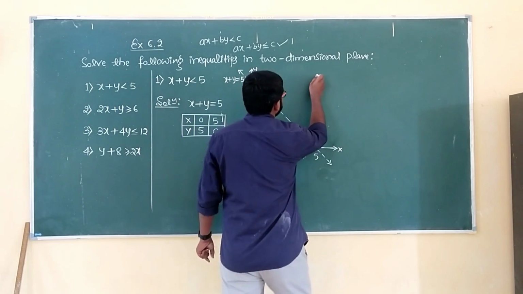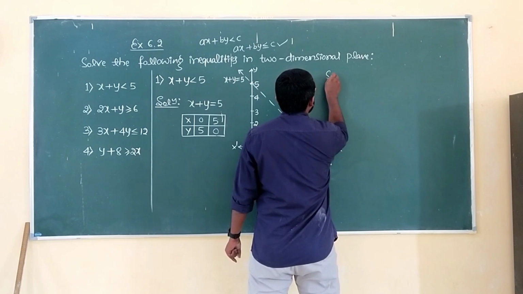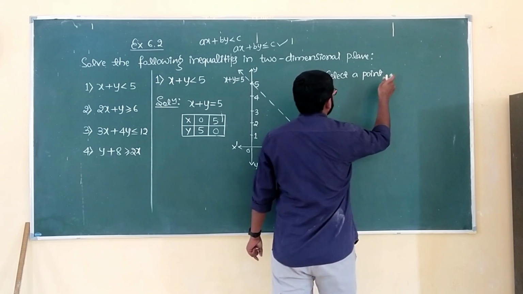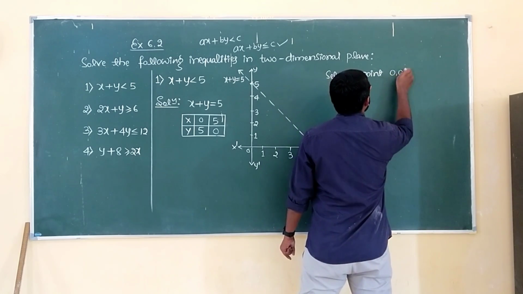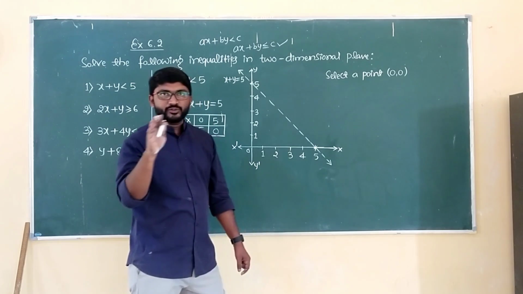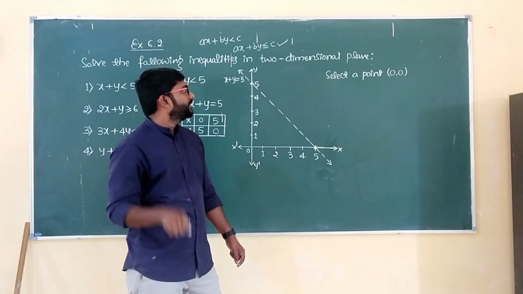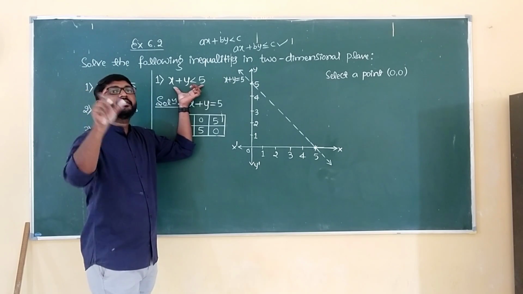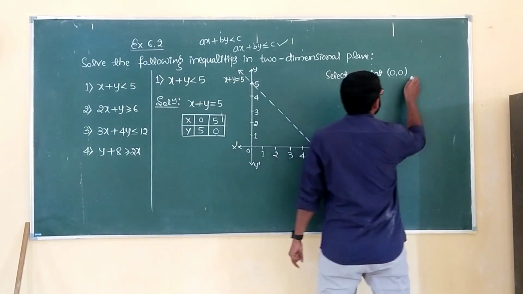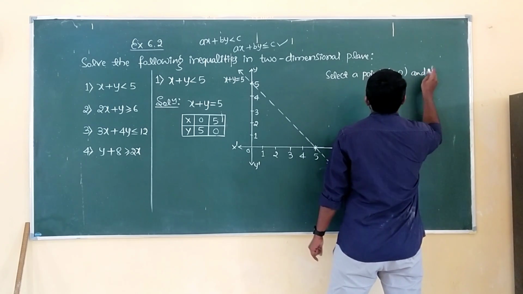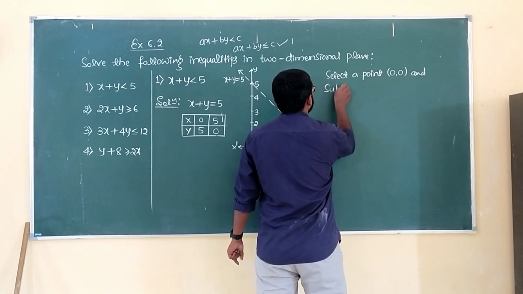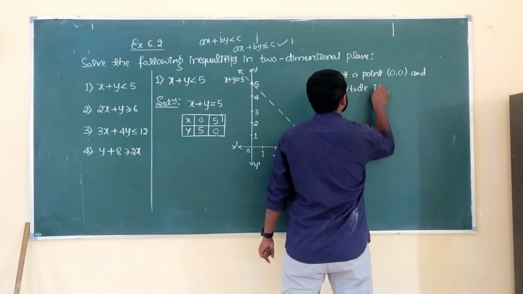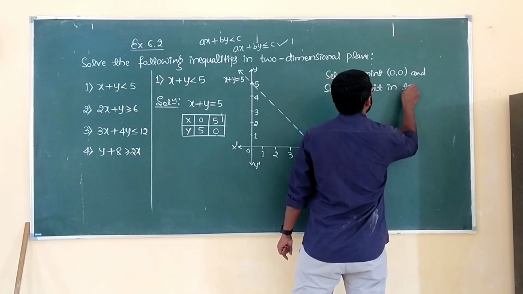Select a point 0, 0, that means x is 0, y is 0, and substitute this point in the given inequality and check whether it satisfies the inequality or not.